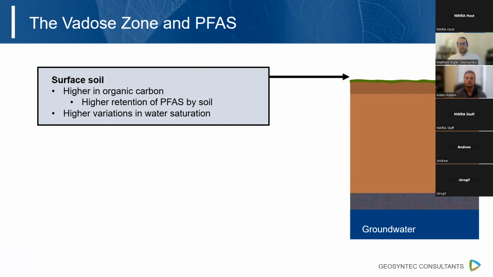And we'll see the soil dry out really quickly near the surface. And so we have these wild fluctuations in our saturation. But we also have added absorption to the soil phase because of this higher organic carbon. And so this drives really complex and interesting and difficult to understand transport mechanisms through the surface soil.